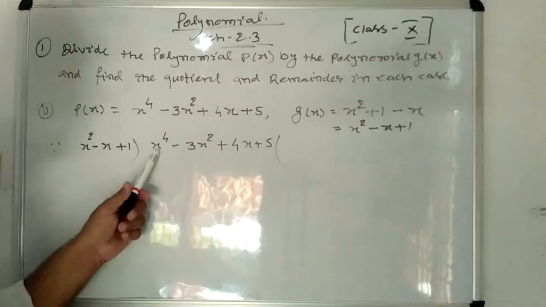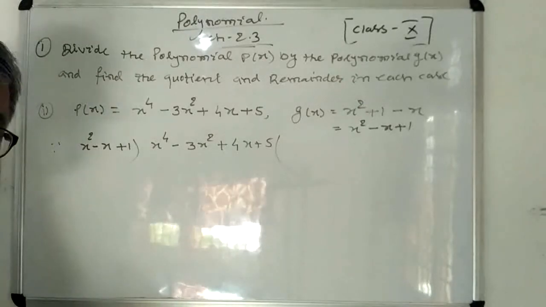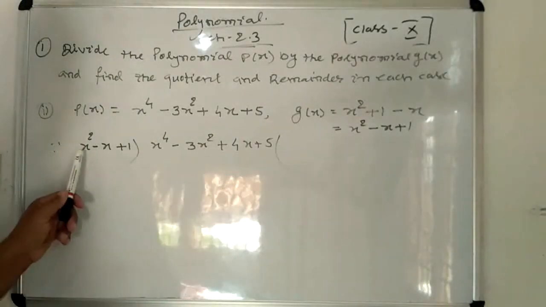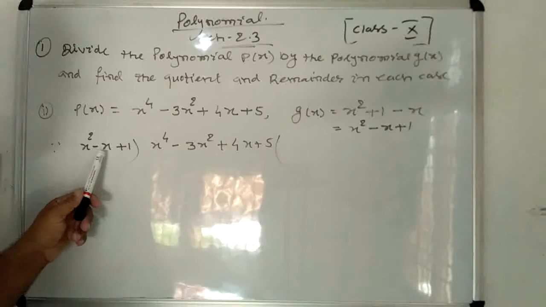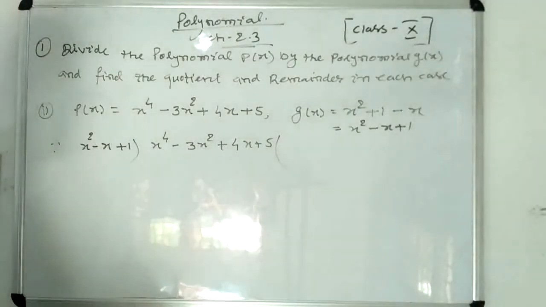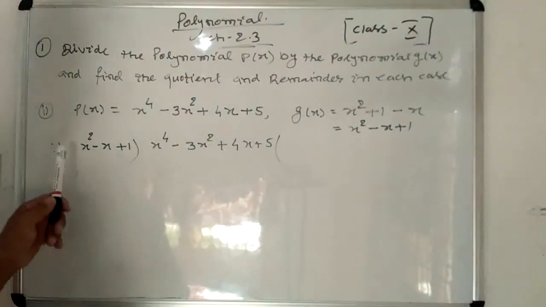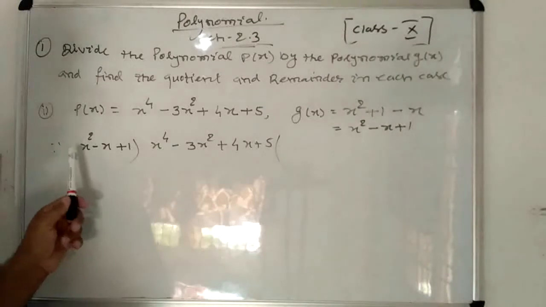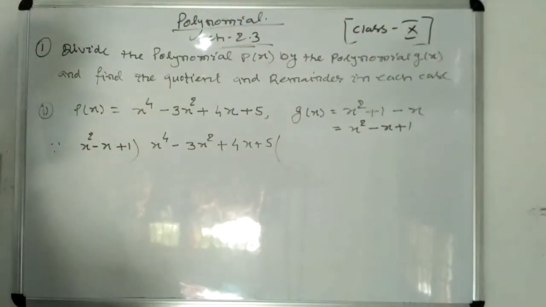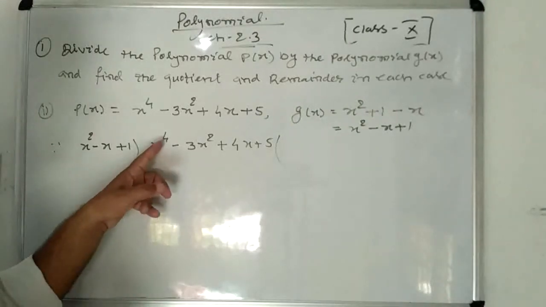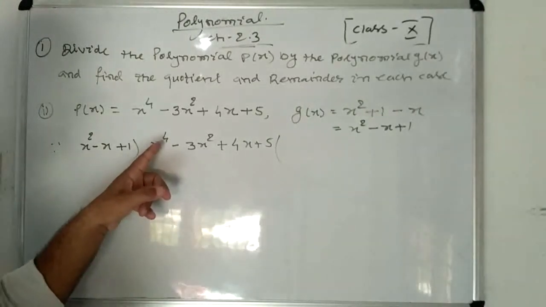Our first term of the dividend is x to the power 4 and our divisor is x square minus x plus 1. So we have to think by which term we should multiply the divisor to get the first term, x to the power 4.